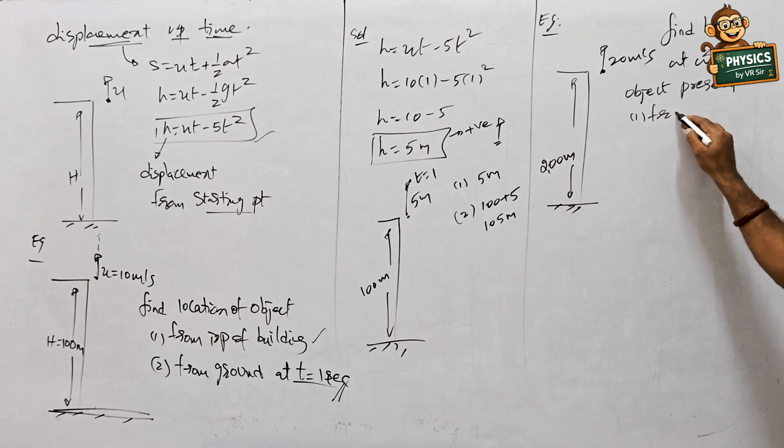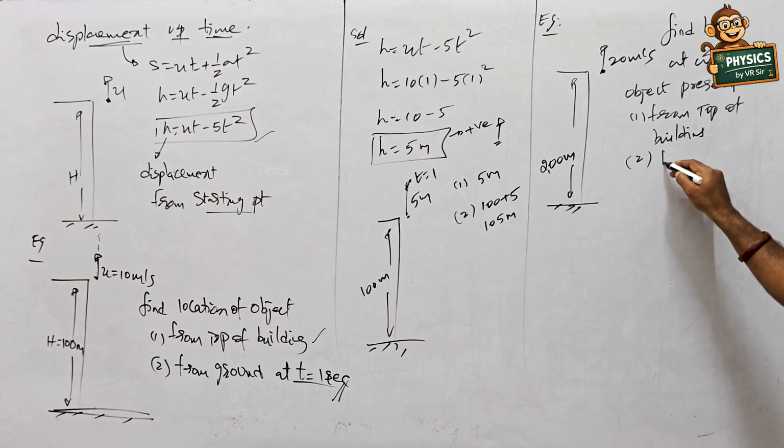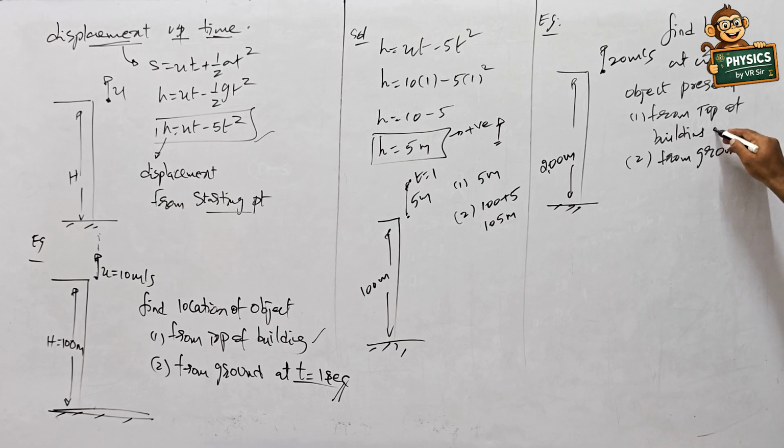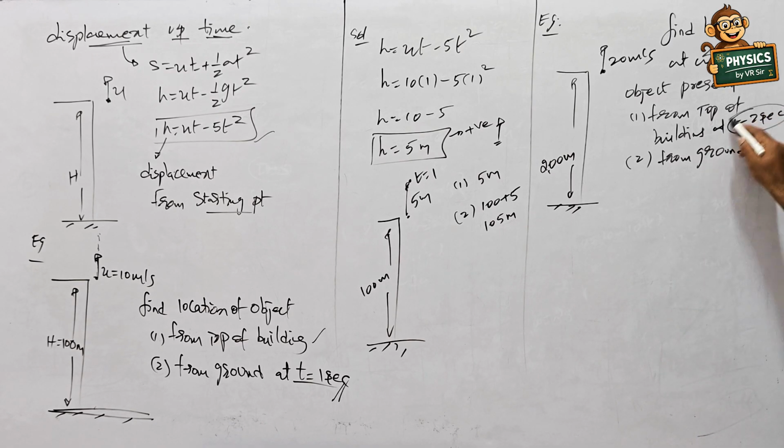First one, from top of a building, and second one, from ground. So from top of the building at t equivalent to 2 seconds, and from ground, even at t equivalent to 2 seconds only. Let us say that reference itself is a time.